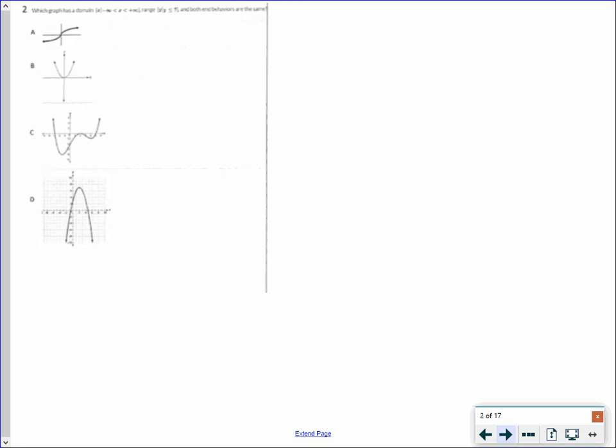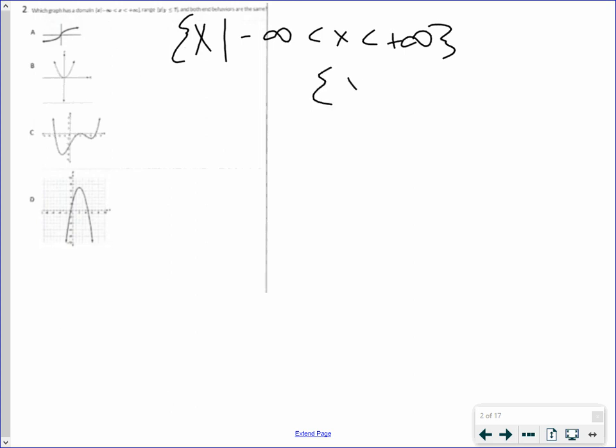This one's hard to read, but what it's asking is which graph has a domain of x such that x is greater than negative infinity and x is less than positive infinity. And it's also asking for a range such that y is less than or equal to 7.